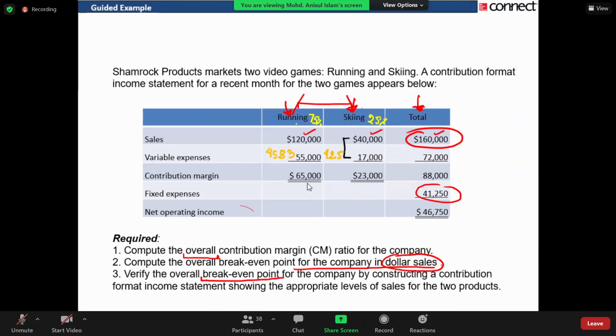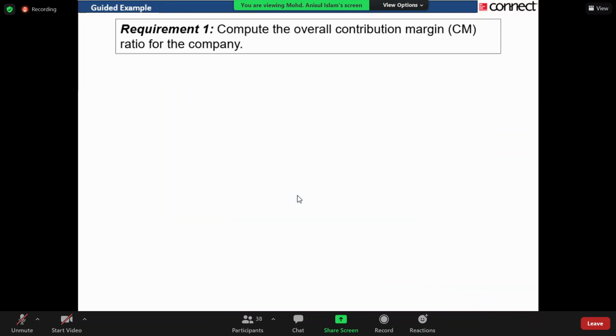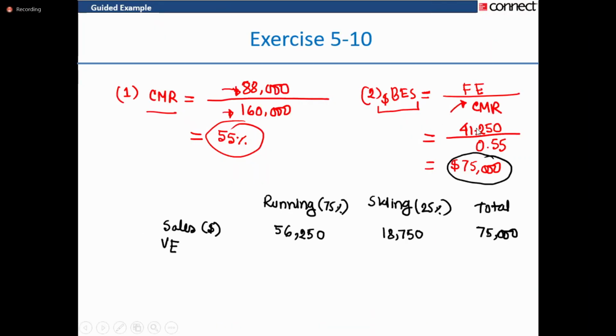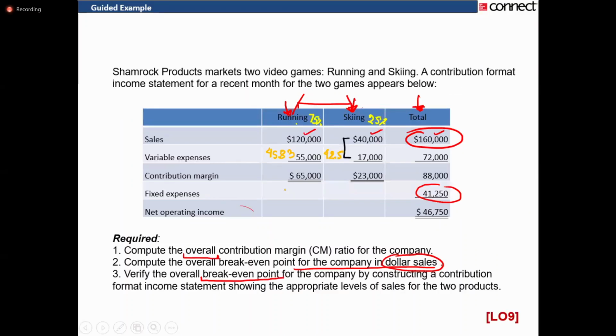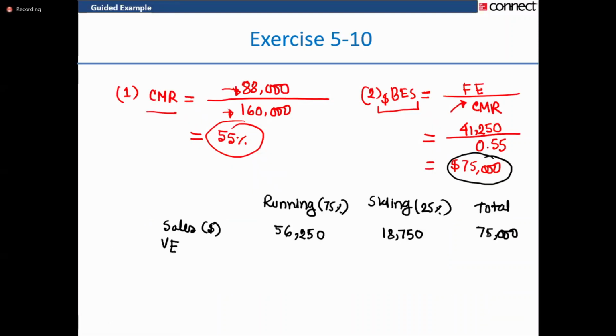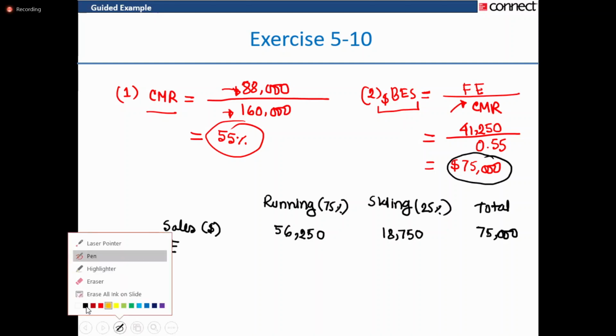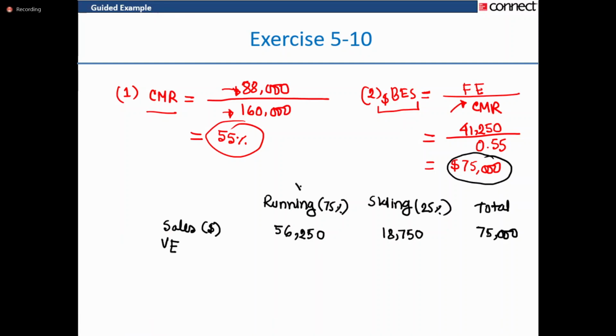Okay, we can now apply this. Here, we are saying the variable expense ratio for running is 45.83%, and for skiing it is 42.5%.